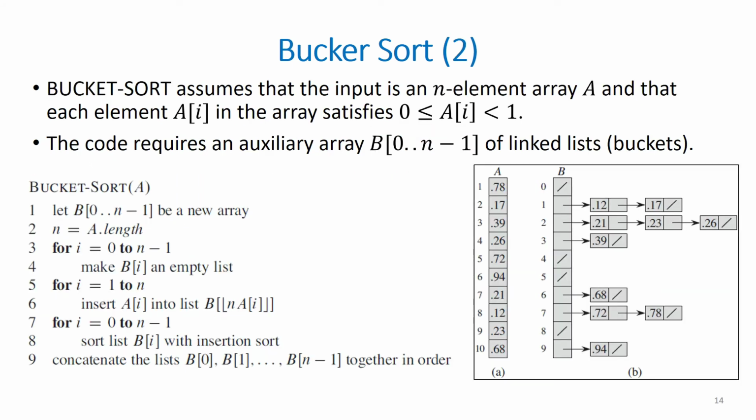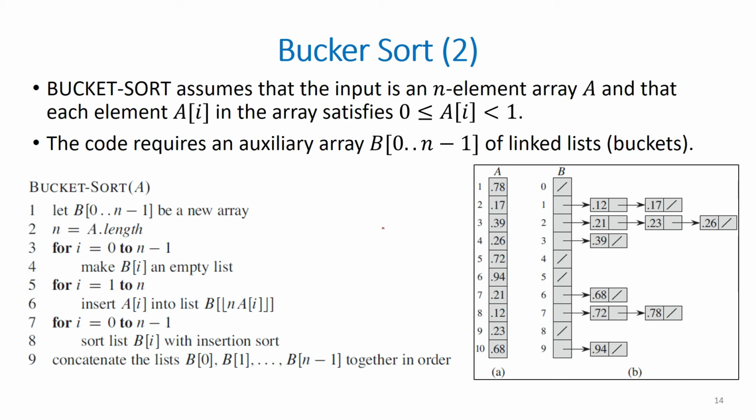So, with the assumption that each of the n inputs is normalized to some value between 0 and 1, the pseudocode of bucket sort would look something like this, where we use an extra array B of n linked lists to represent the buckets.